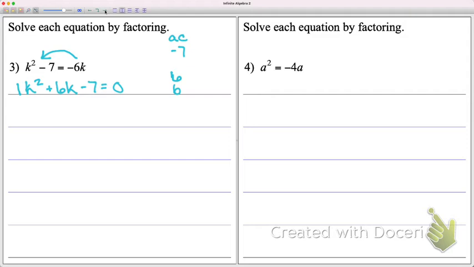Subtract. And the bigger one is going to be positive. So I want the factors of 7 that have a difference of 6. 7 and 1. So k squared plus 7k minus k minus 7.